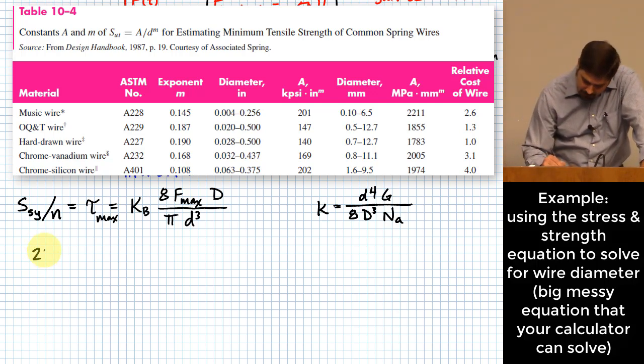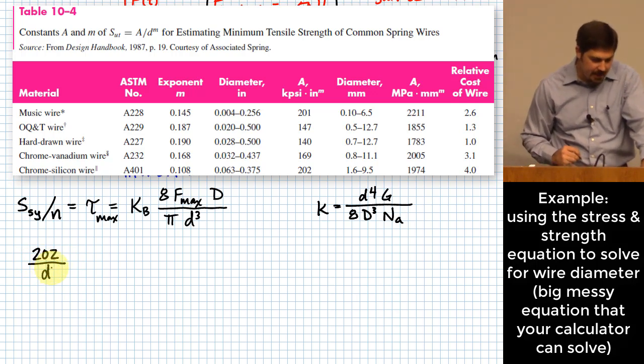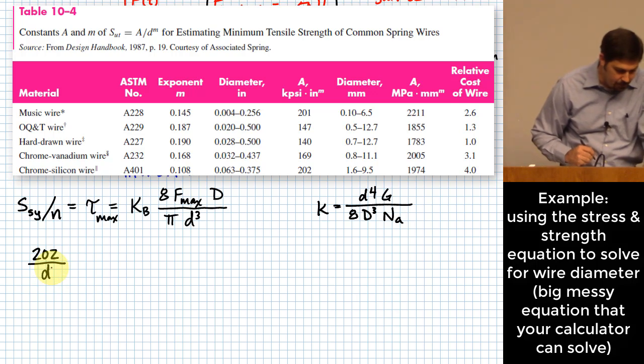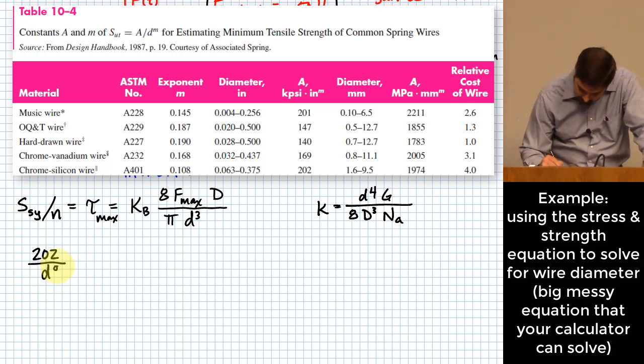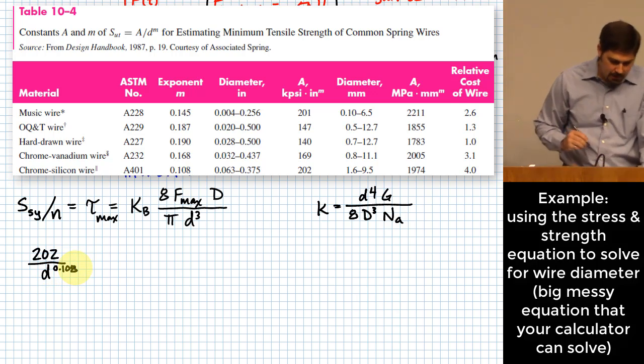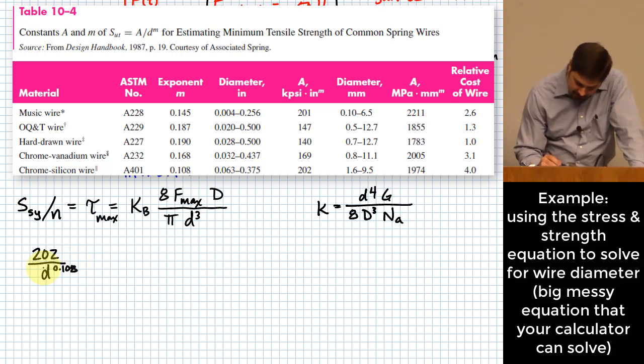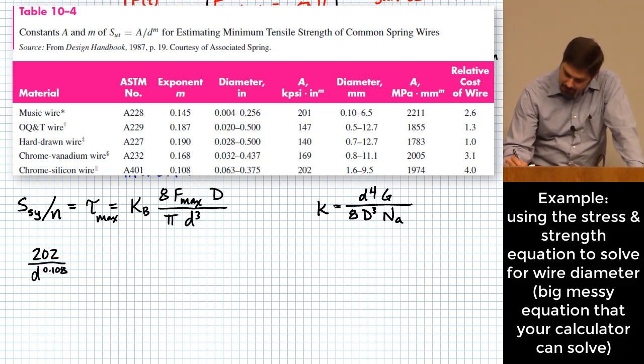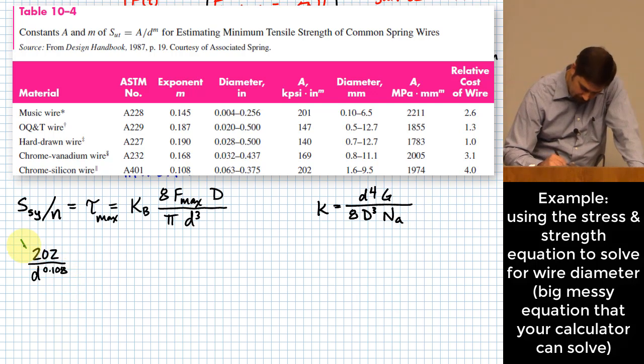So I take 202, and the equation basically is that divided by the diameter of the wire, which we don't know, taken to the exponent of 0.108. Okay, and so this information that I just put right here to find ultimate strength in a normal orientation comes from table 10.4.